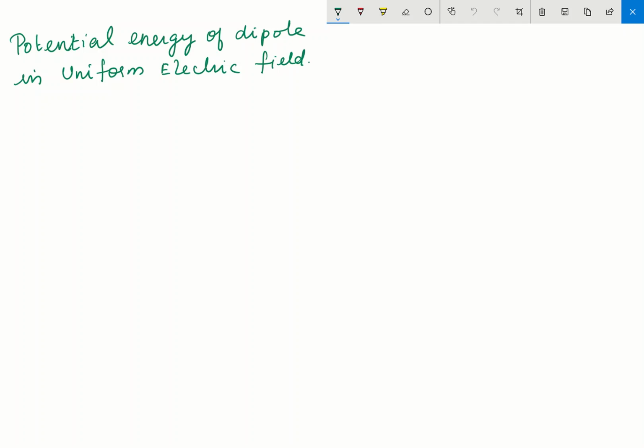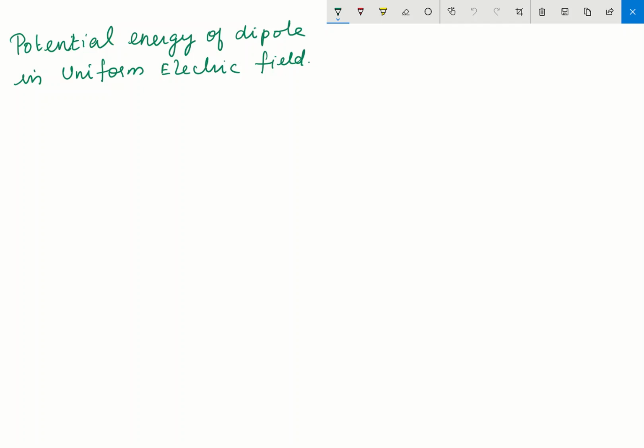So how do we define the potential energy of a dipole? It is the energy possessed by the dipole by virtue of its position in the electric field. Right, now we are going to derive the expression for it.